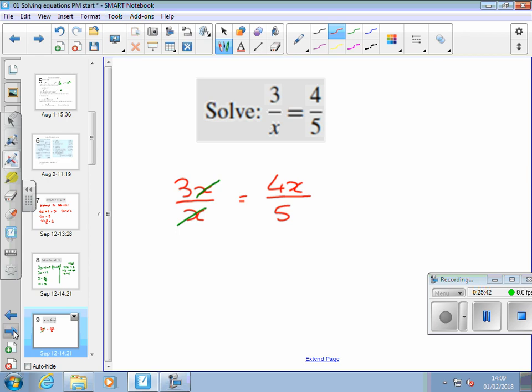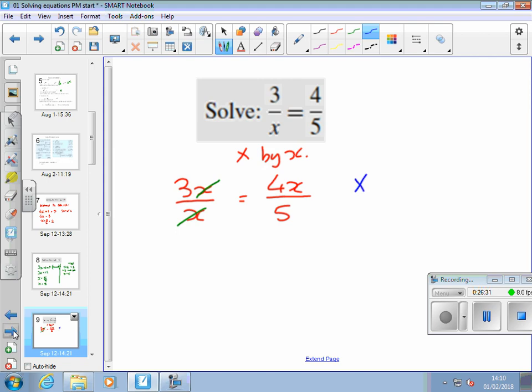Next thing. That was multiplied by x, and divided by 5, which is the same as 4x times one fifth. Next job, we've got to get rid of the 5 and the 4.